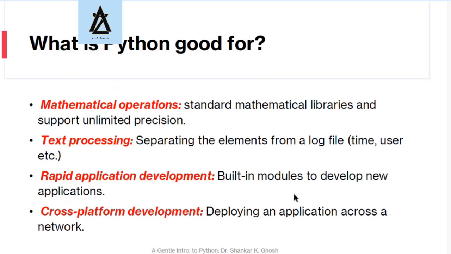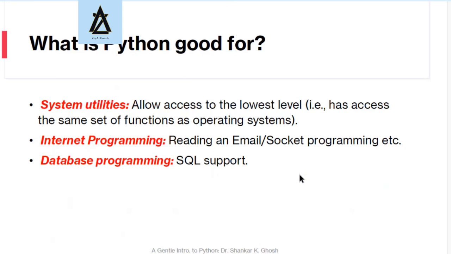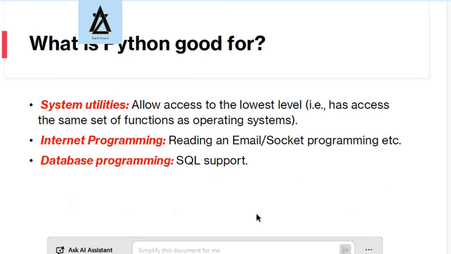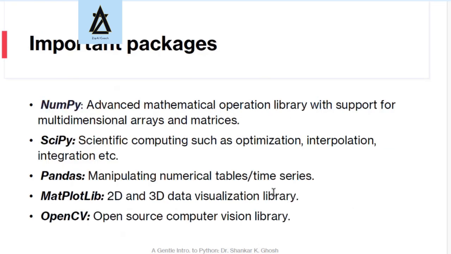It basically involves a lot of library calls, using the existing operators and mathematical operations. There are some standard libraries for mathematical operations, text processing, rapid application development, cross-platform development, etc. And then system utilities, internet programming, and database programming. This list is not exhaustive; in fact, there are other applications also.